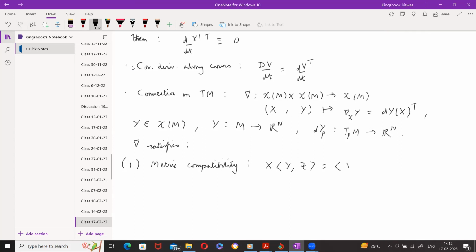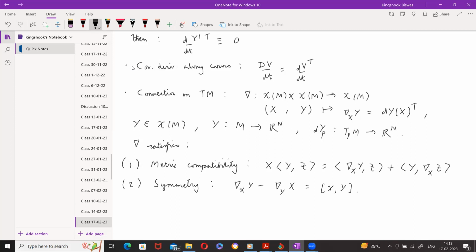This is the inner product of nabla_X Y with Z plus Y inner product with nabla_X Z. And the second property it satisfied was the symmetry, which said that nabla_X Y minus nabla_Y X is equal to the bracket of X and Y.